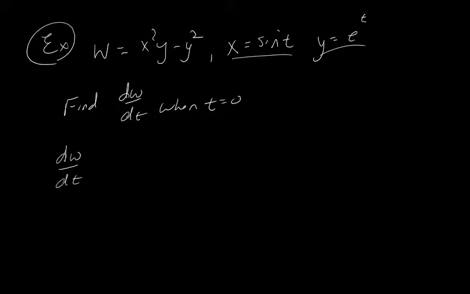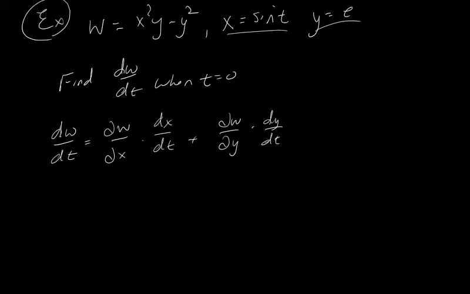So dw dt is going to be equal to the partial of w with respect to x times dx dt plus the partial of w with respect to y times dy dt. The partial of w with respect to x is going to be equal to 2xy. Dx dt is cosine of t, and dy dt is just e to the t.